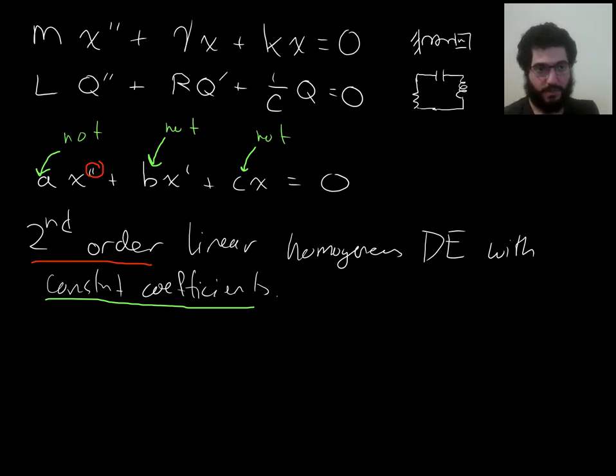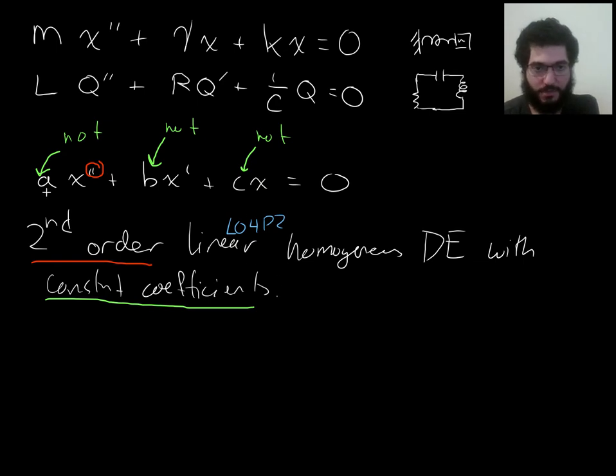Linear and homogeneous. So linear we have described in lecture 4, part 2. And if this discussion becomes confusing for you, I would recommend revisiting that one and then coming back here.